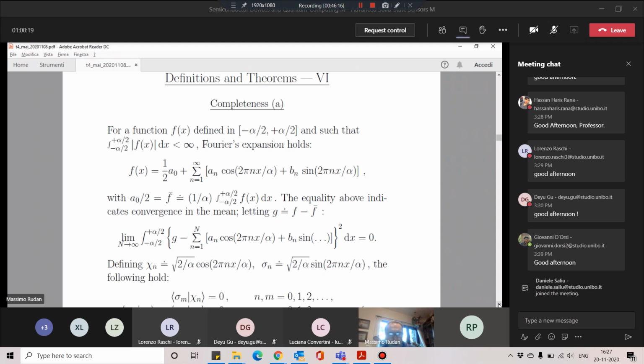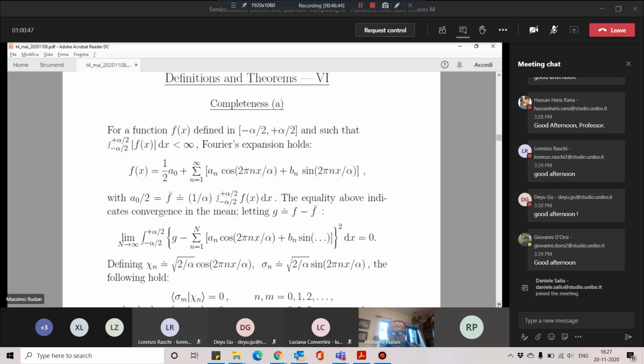We take the actual function g, that is the original f less the average. Then we subtract a truncated expression of the series. So instead of summing over the index from 1 to infinity, we sum from 1 to some n, capital N.